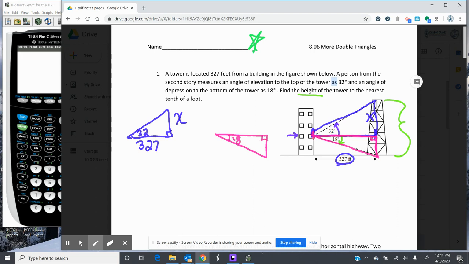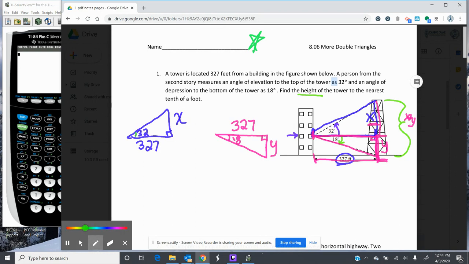Again, the measure from the person to the tower is 327 feet. And we're going to find the height from here to be y. And then the entire tower's length will be the sum of this measure plus y. So we're going to end by adding x to y.